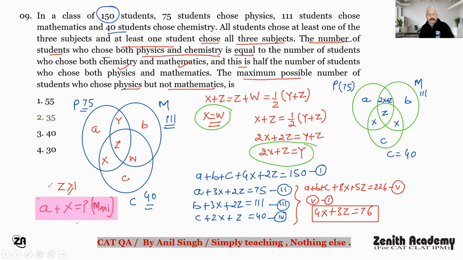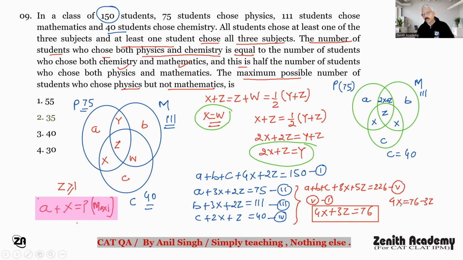4x plus 3z. It is given z is 1 or greater than 1. So if I take 4x plus 3z, I'm solving it. 4x is equal to 76 minus 3z.